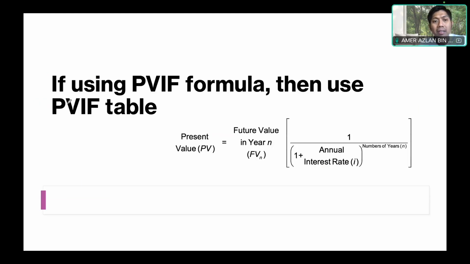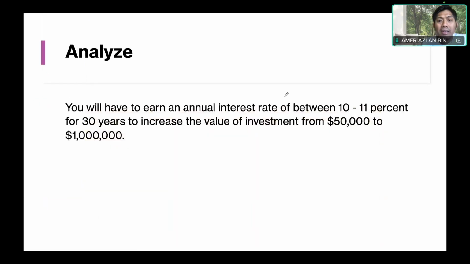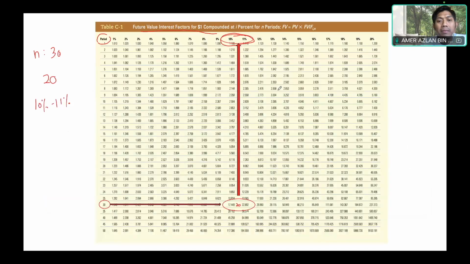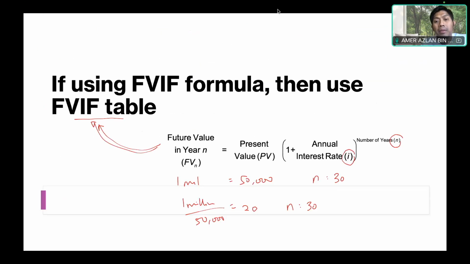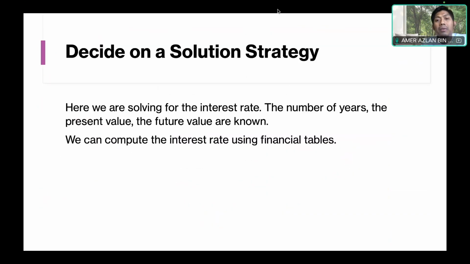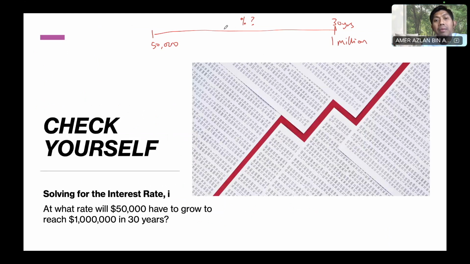Which means for your 50,000 to grow to 1 million in 30 years' time, you will have to put this investment in an account that can give you a return between 10 to 11%.